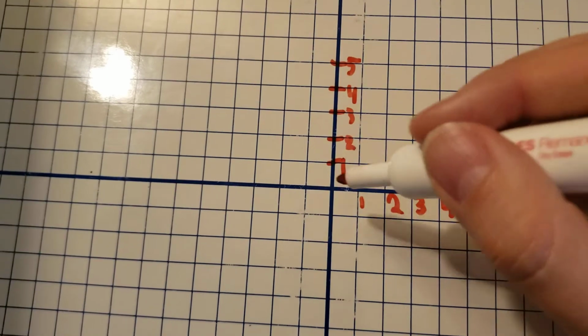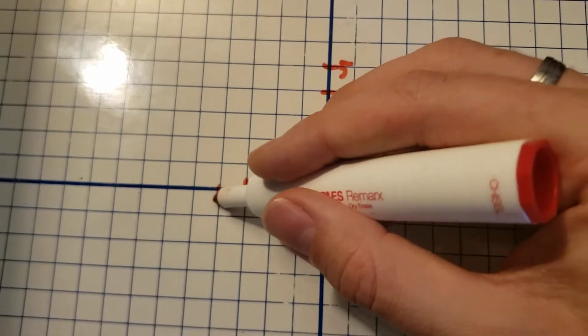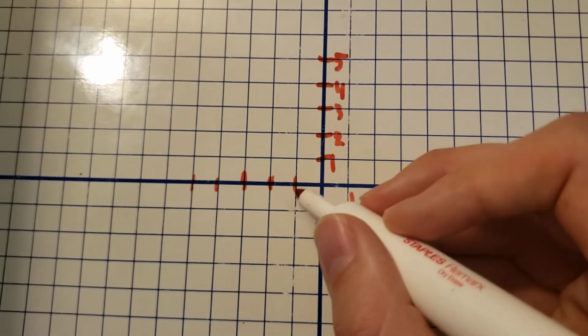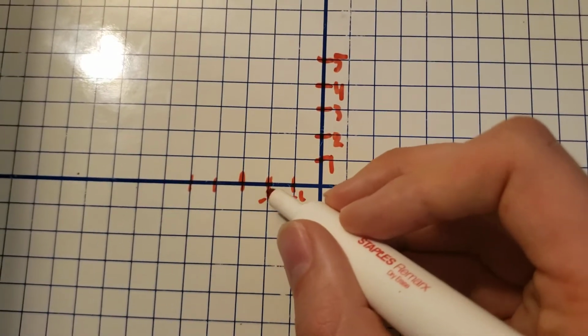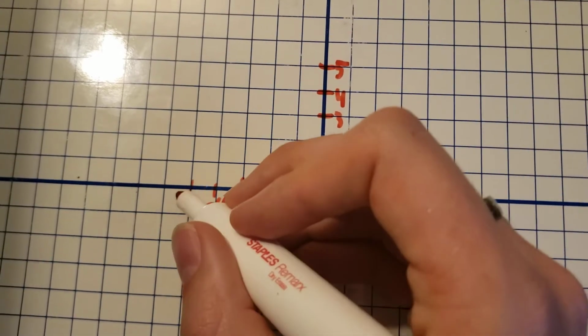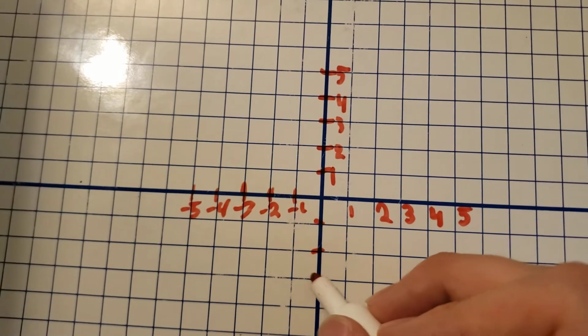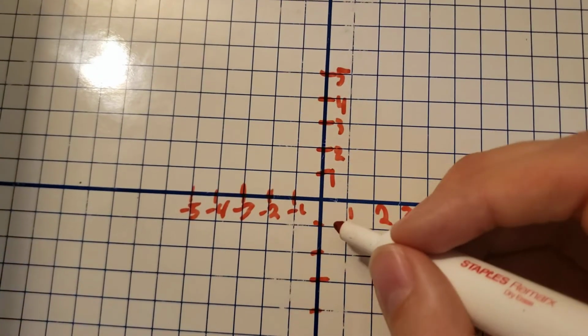Again, I've got my negative values. These are -1, -2, -3, -4, again. These are all negatives also.